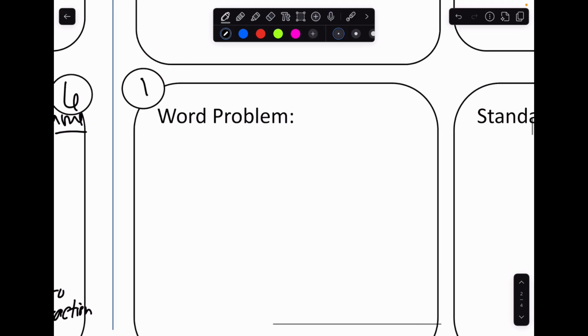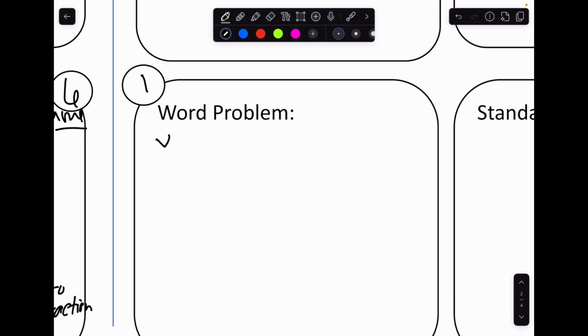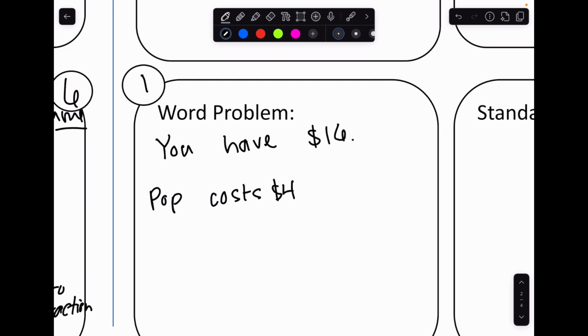So if we're given this word problem, you have $16. Pop costs $4 per bottle. Chips cost $2 per bag.